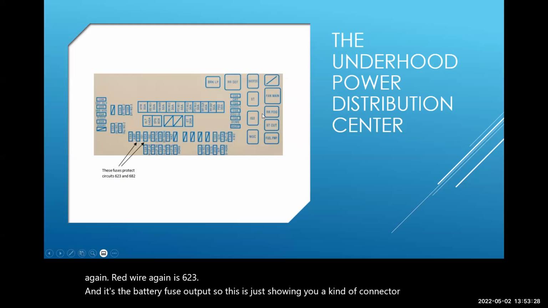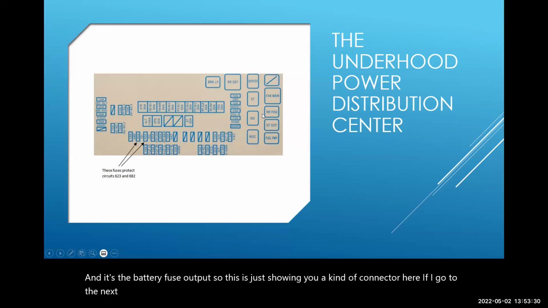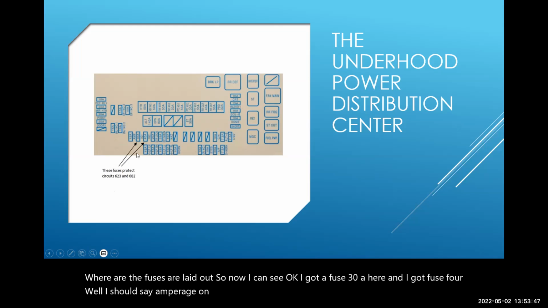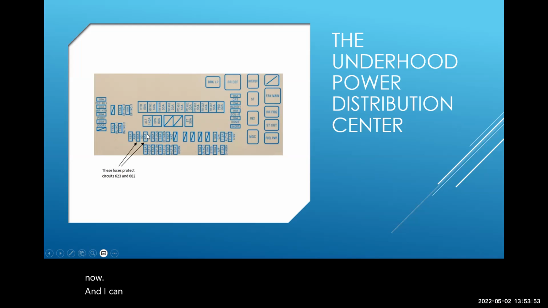If I go to my next slide here, I actually have where the fuses are laid out. So now I can see, okay, I got fuse 30A here, and I got amperage on this particular one. So that I can actually go to the fuse now, and I can actually find that out.